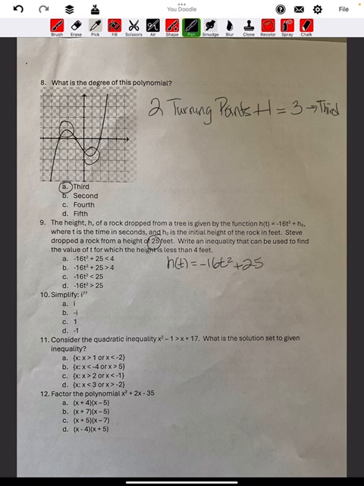However, it says write an inequality that can be used to find the value of t for which the height is less than 4 feet. So instead of an equal sign, we're going to have a less than symbol. We're going to rewrite it as negative 16t squared plus 25, less than, which points this way, 4.